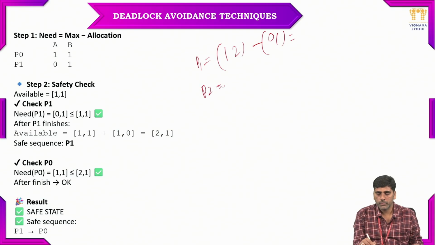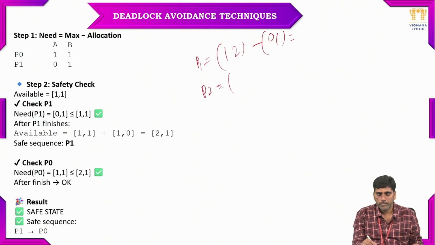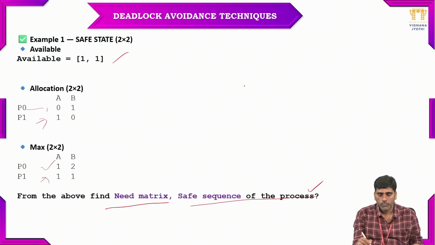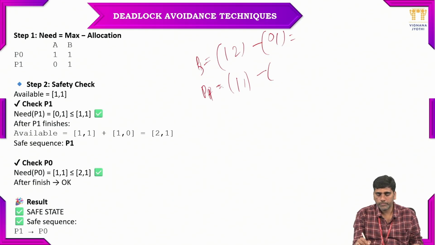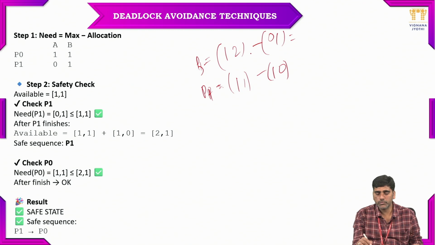And for P1 the maximum is 1, 1 and the allocation is 1, 0. From this we can calculate the need matrix. So 1 minus 0 is 1, 2 minus 1 is 1.